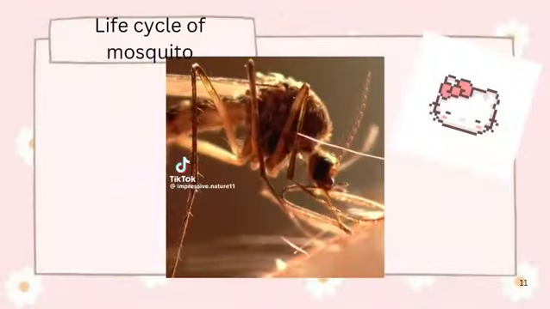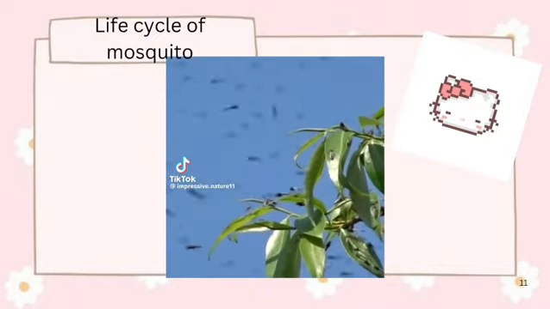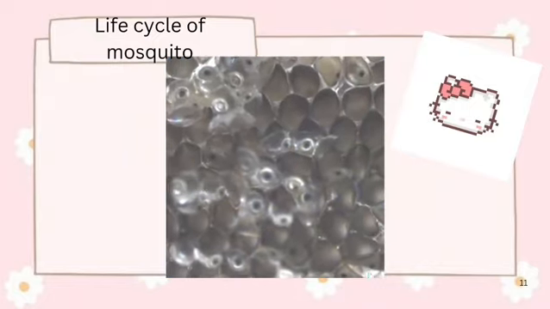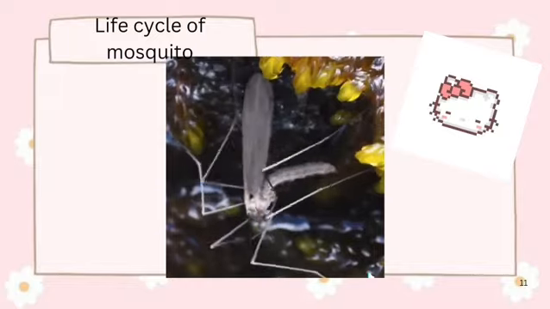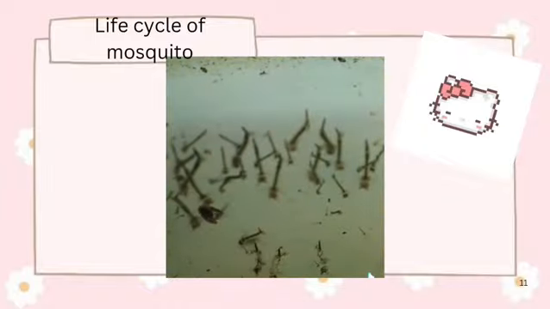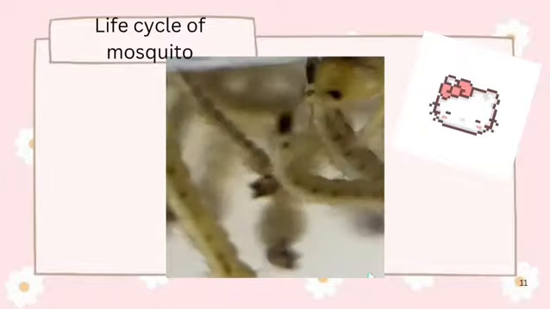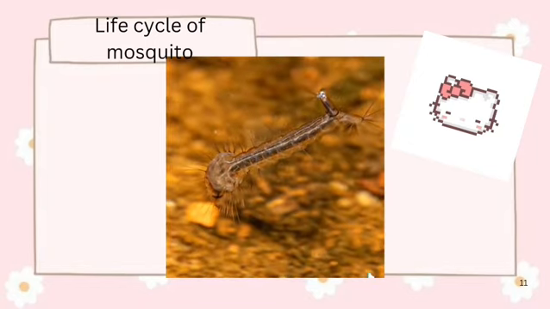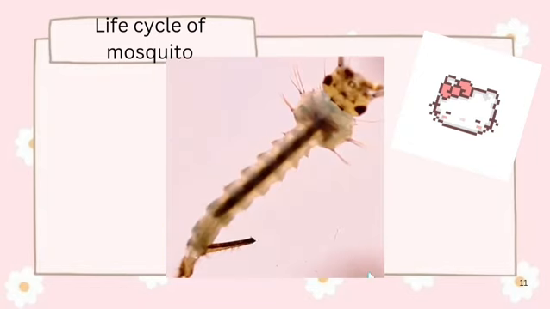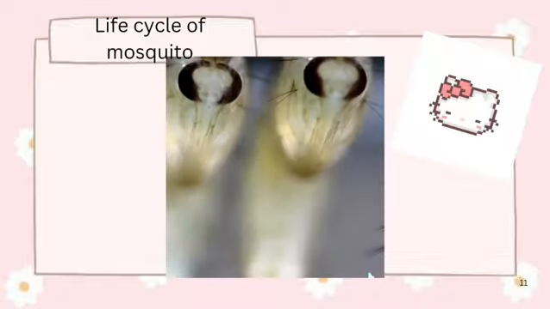The fascinating 4 stages of a mosquito's life. 1. Egg. The mosquito's life begins as an egg, laid on the surface of stagnant water, where it floats for 2 days before hatching. 2. Larva. After hatching, the larva, also known as a wriggler, lives in the water, feeding on microorganisms and molting several times over 7 days. 3.